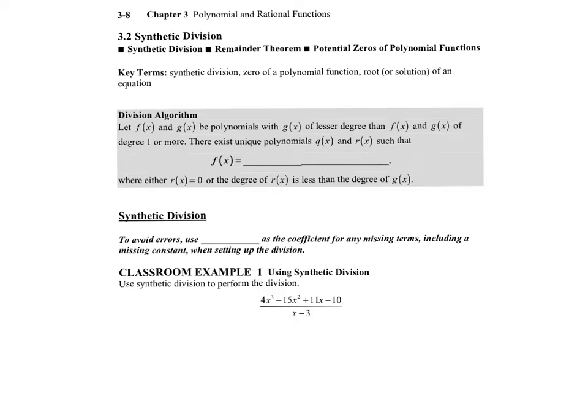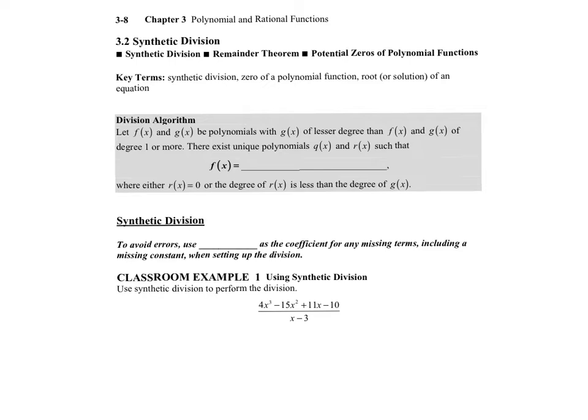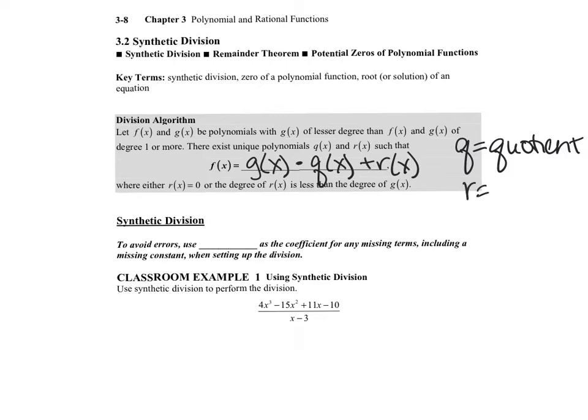There exists a unique polynomial q of x and r of x such that f of x equals g of x times q of x plus r of x. And remember, q stands for quotient and r stands for remainder.